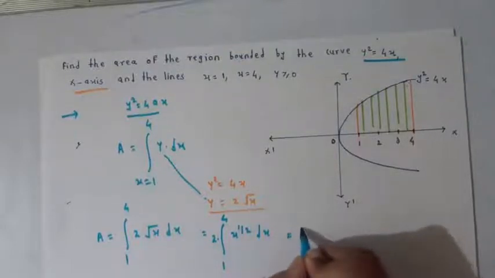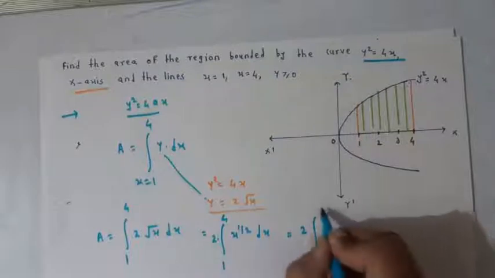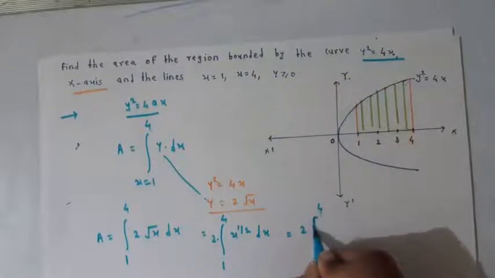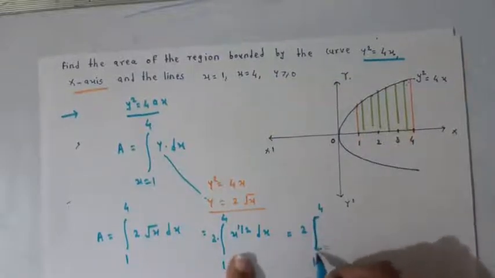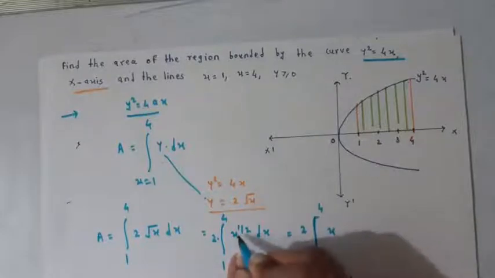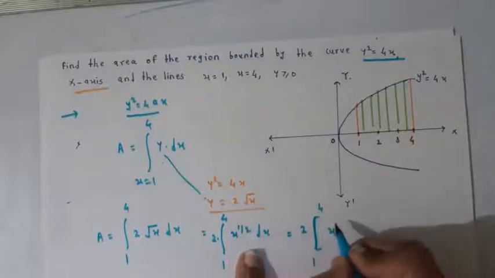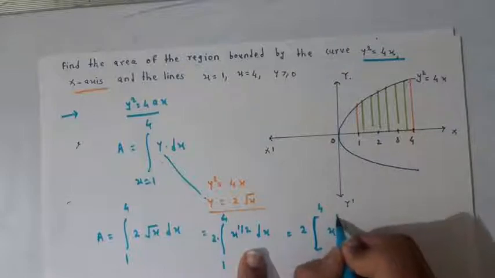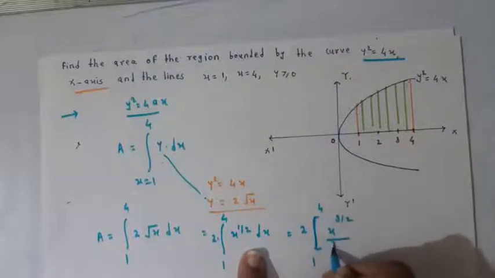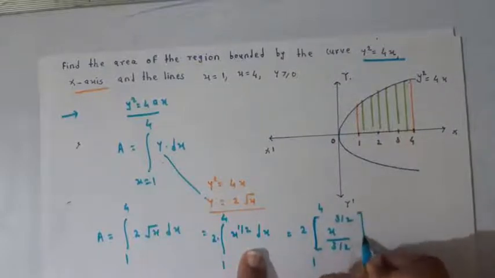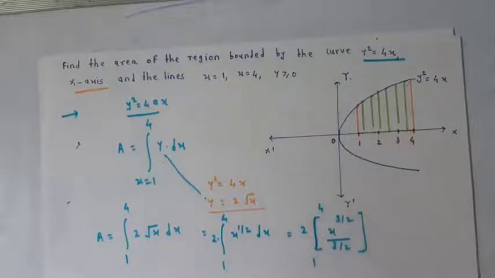The integration will be x raised to n plus 1 upon n plus 1, that is, 1 by 2 plus 1 is 3 by 2, upon 3 by 2, limits 1 to 4.